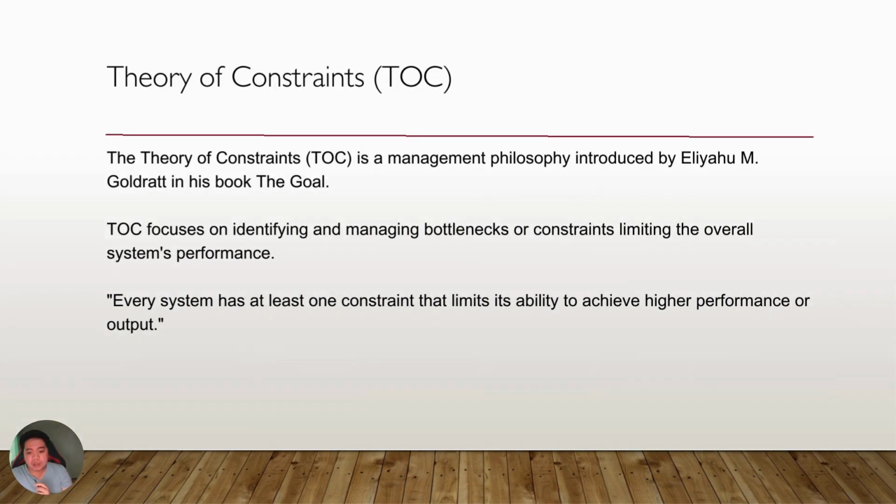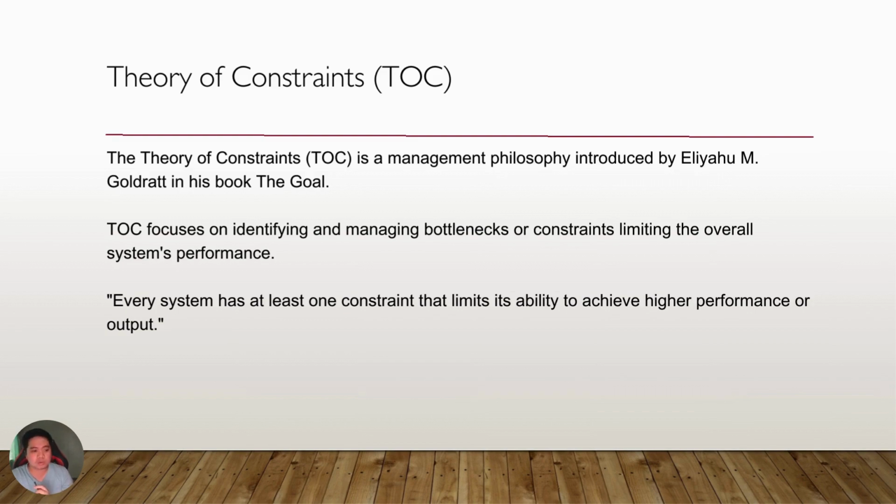As mentioned by our presenters, the theory of constraints is a management philosophy introduced by Eliyahu M. Goldratt in his book The Goal. It focuses on identifying and managing bottlenecks, which limit the overall performance of the entity or the business.